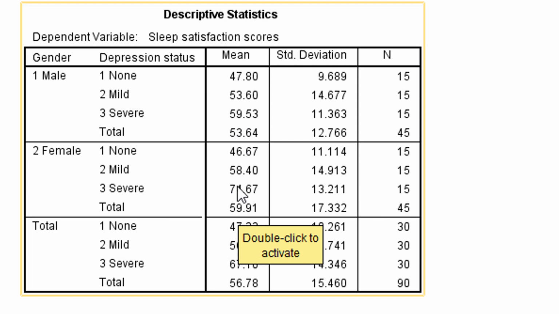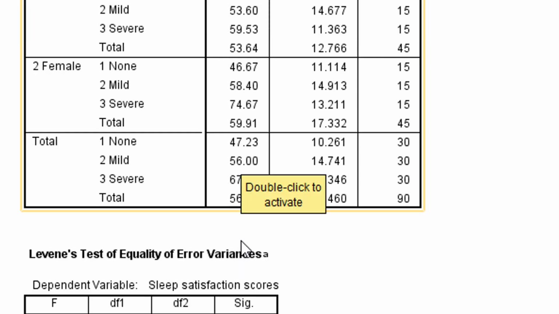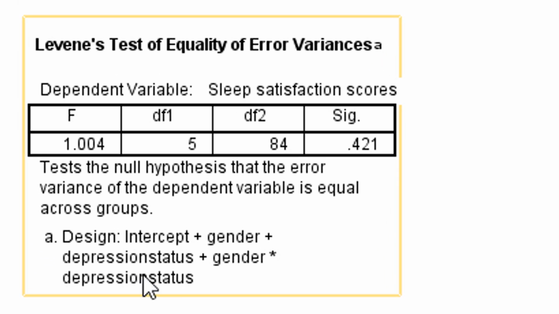So severe depression means poor sleep for females. It shows that females experience more sleep disorders than males when they have severe depression. And Levene's test shows a p-value of 0.42, so we can confidently say that the variance of the dependent variable is evenly distributed across the groups.